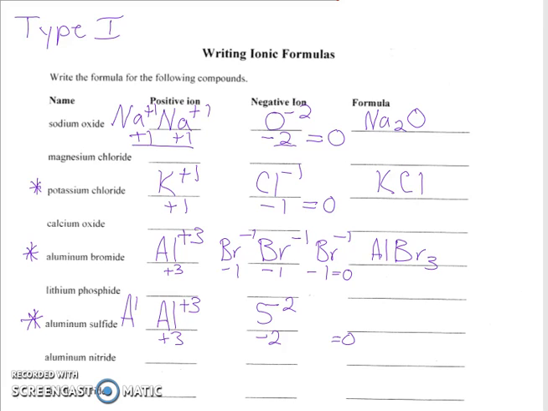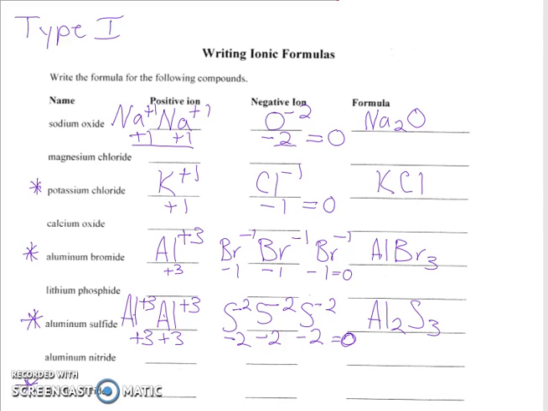So if we add another aluminum, that gives us a +6 charge total. So I need to add 2 more sulfurs. So I have a -6 to go with my +6. We know that equals 0 now. So when I write my formula, I have 2 aluminums and 3 sulfurs.